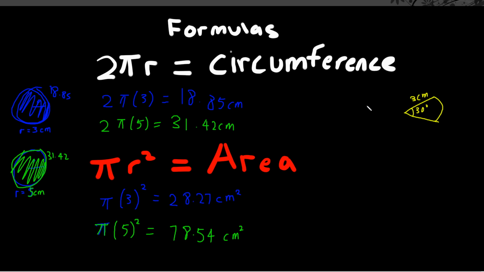To calculate the arc of your sector, simply put 30 over 360 times 2 pi r. You would have gotten 30 divided by 360 times 2 pi 3, which is 1.57. So this length here is 1.57 cm.